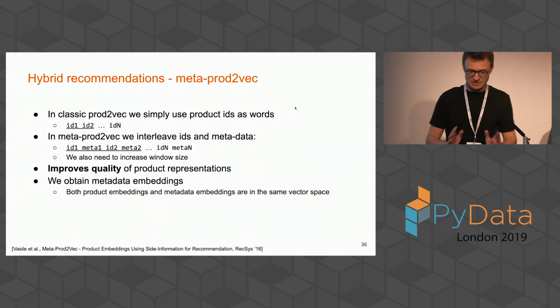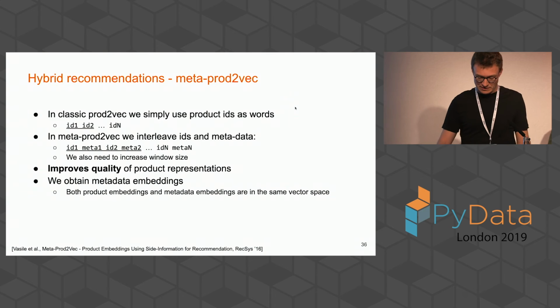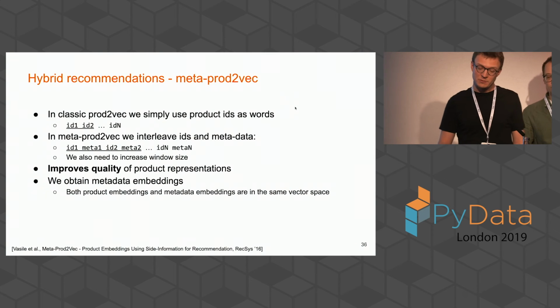I hope it's clear. Maybe it's not. You can read this paper. This idea is clearly described in this paper, and yeah, we experimented with this idea as well. But the first strategy I described on the previous slide is our main, let's say, hybrid recommendation strategy.